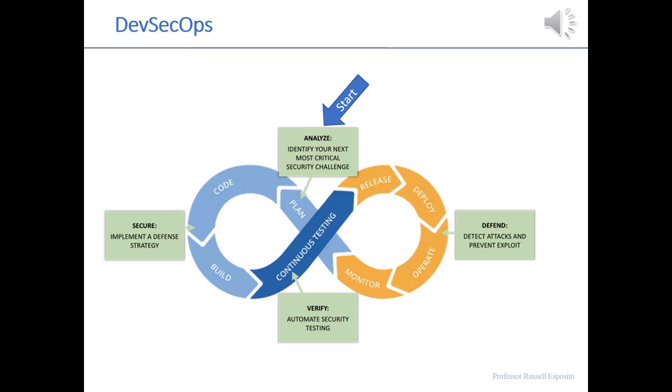Build it, and then some testing, sort of continuous testing, verify, automate security testing, and we'll look at some tools for that later on, how you can actually sort of test your code for security. And then sort of to the right on the orange, there's release, deploy, operate, and monitor. And during that production life cycle on the right-hand side in operations, with that orange-ish color, defend, detect attacks and prevent exploitations. How do you defend it? So this is sort of a review of how security looks at DevSecOps.